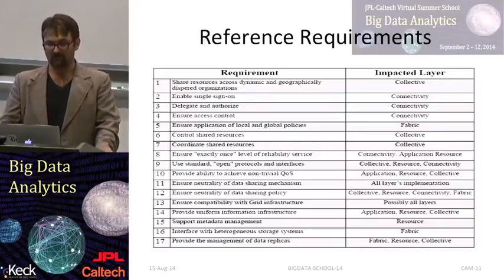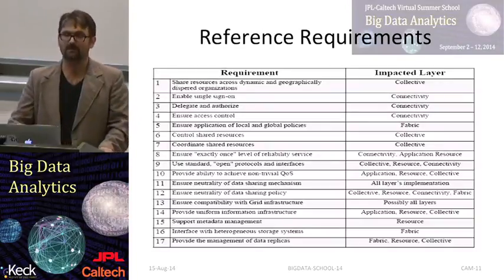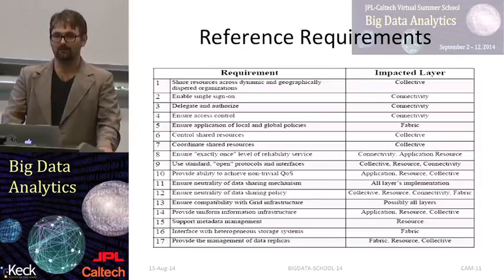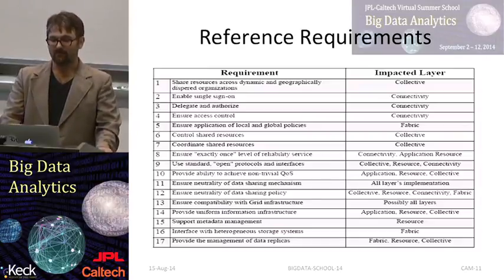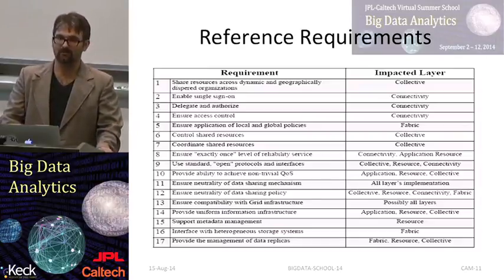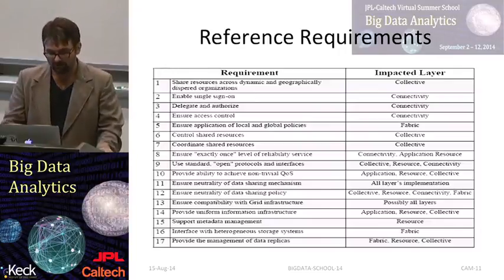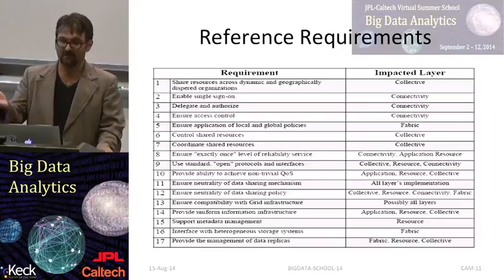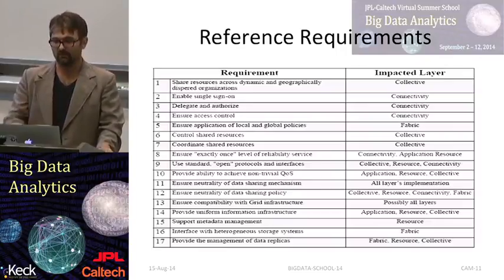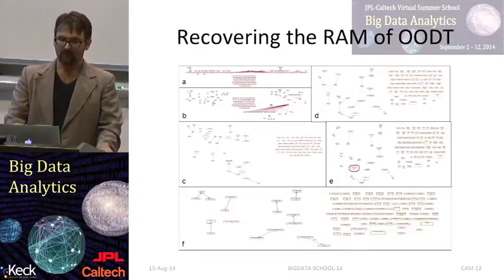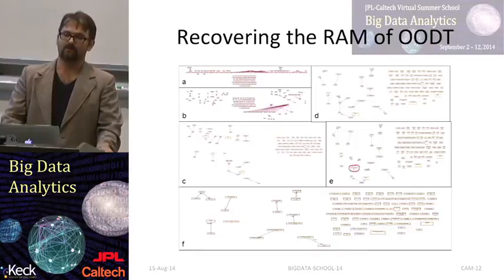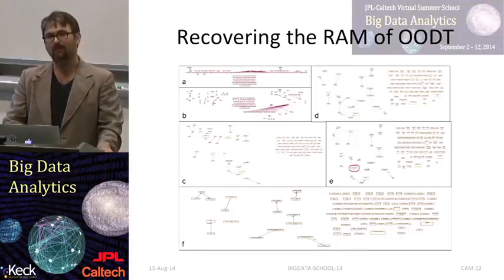And so these are the reference requirements, the list of around 17 that we gleaned from that basic grid literature, and the impacted layer in that grid architecture that gave us some more insight as to, well, if it's something that's dealing with single sign-on, it likely goes in the connectivity layer, and so on and so forth. So this is the sequence of steps that we took.